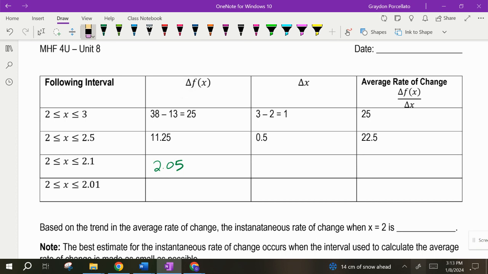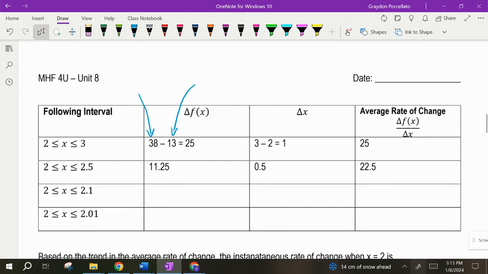Actually, I'm just going to pause here for a second, because I'll show you how I get these values. These two are my y values if I sub in 2 and 3 into my equation. Remember, my equation was 5 bracket 2 squared minus 7, that's equal to 13, so that's my y1.